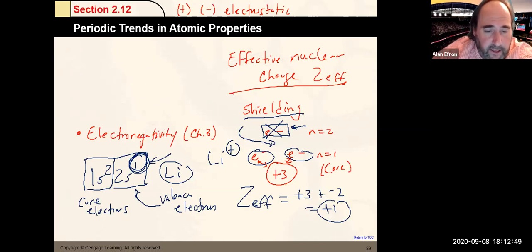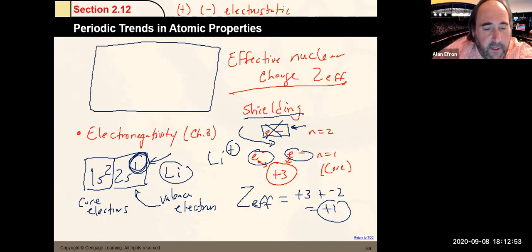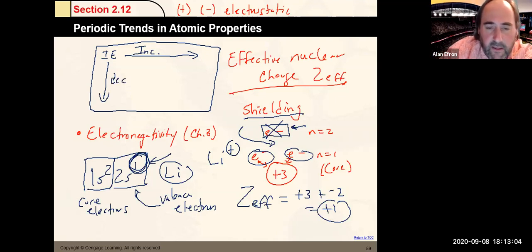So on the periodic table, if we just draw a periodic table here, ionization energy increases as you go this way on the periodic table, and it decreases as you go this way. So upper right of the periodic table has the highest ionization energy. And again, the increase in ionization energy means it's much harder to remove an electron. The lower the ionization energy, the easier it is to remove an electron.